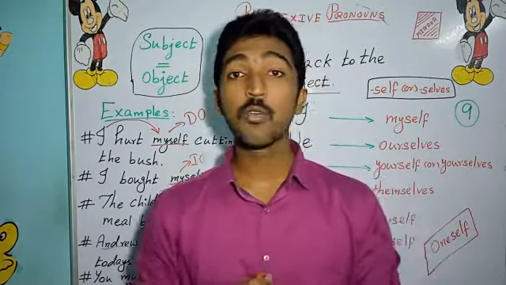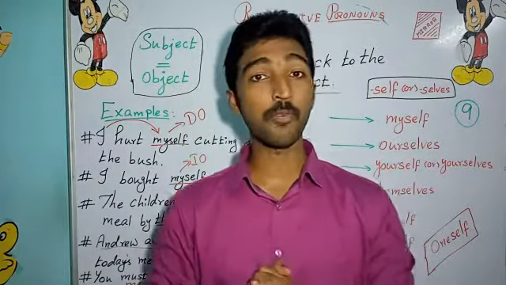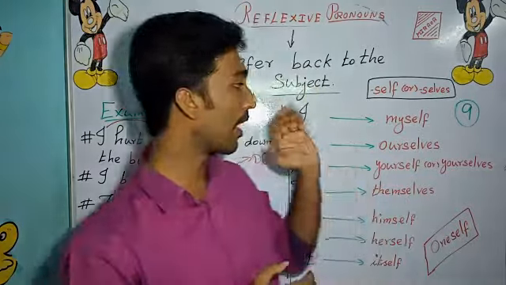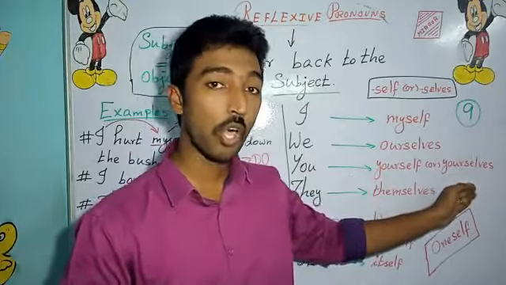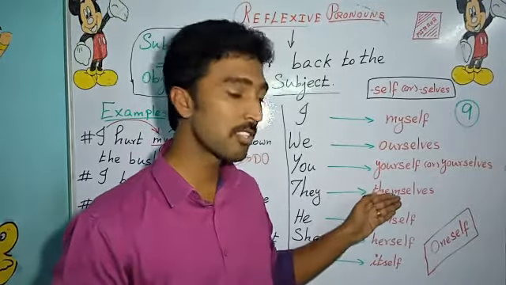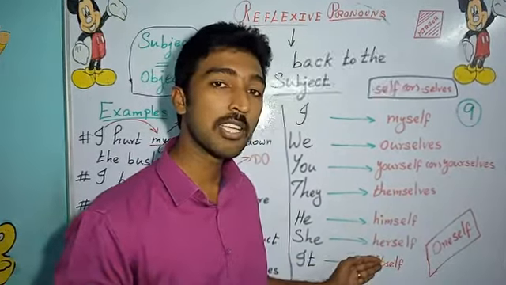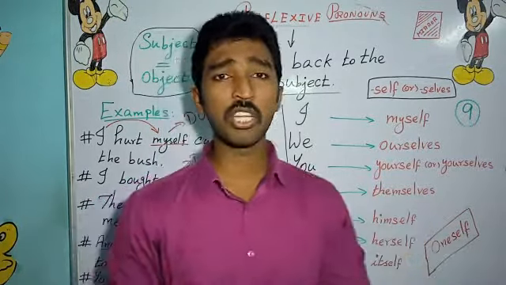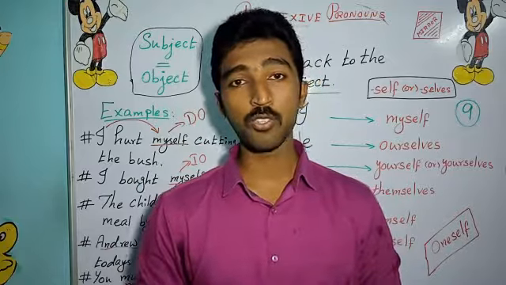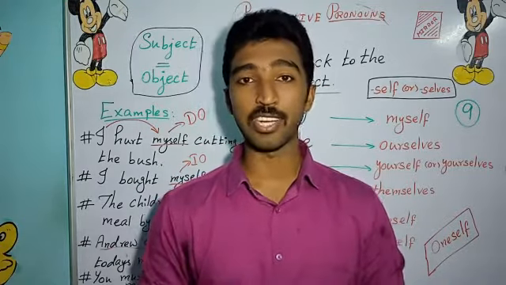And in English, we have 9 reflexive pronouns. They are myself, ourselves, yourself, yourselves, themselves, himself, herself, itself, and oneself. These are the 9 reflexive pronouns which we have in English.